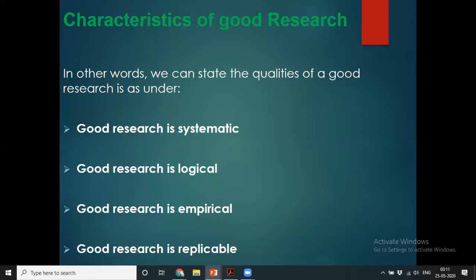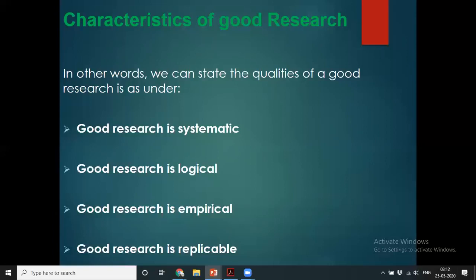Good research is logical. Why is it logical? Logical means you always have to interpret the result, why this result is coming. Just I'm giving one example. Suppose someone is checking the properties of a material. Someone has developed a material and is trying to test its properties. Now you have to give a particular reason why the properties of the material are different compared to the other material.